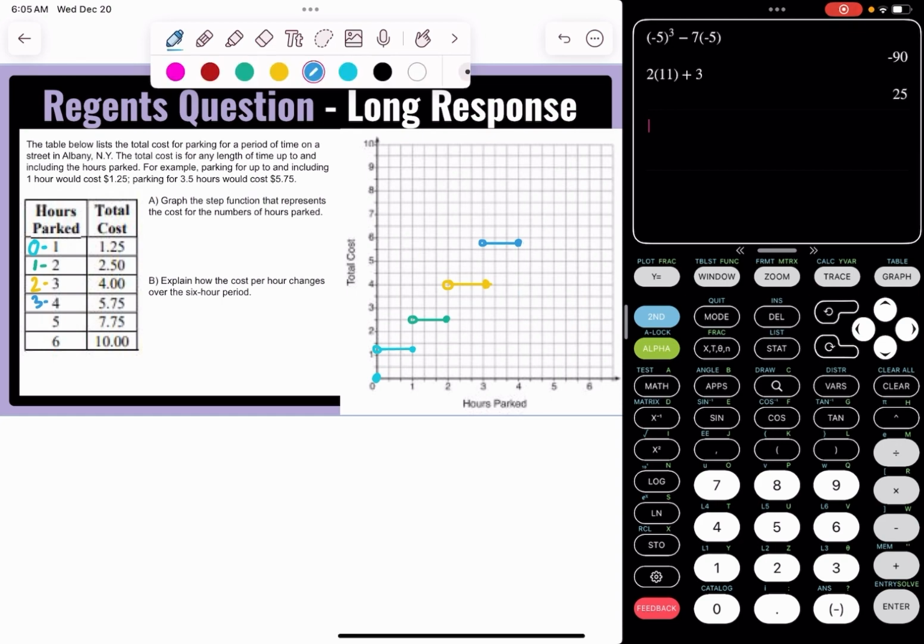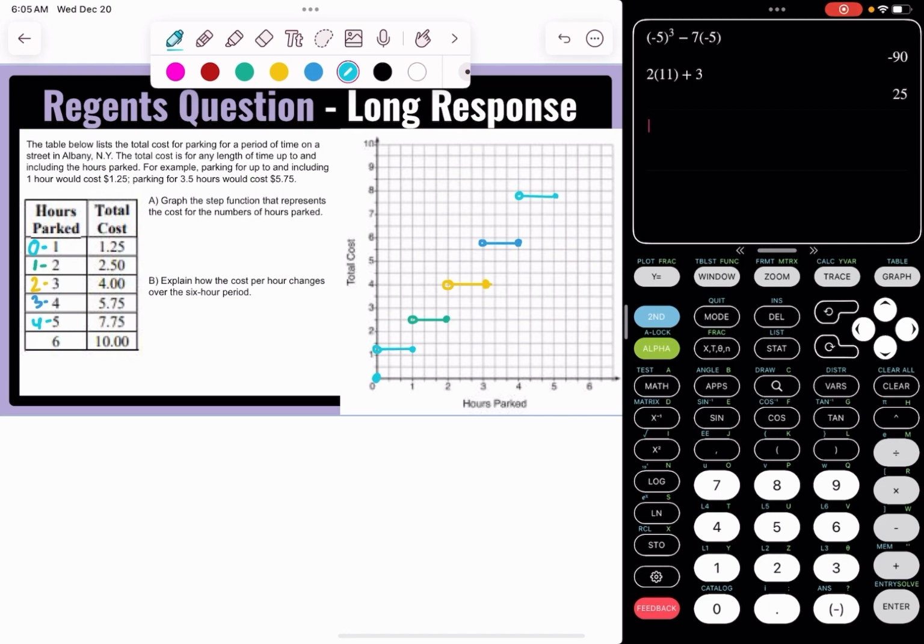Then from 4 hours to 5 hours, you're paying $7.75, which would be right here, an open circle. But then at 5, you're definitely paying that. Is this 5? Yes. You're definitely paying that $7.75, so that's a closed circle.